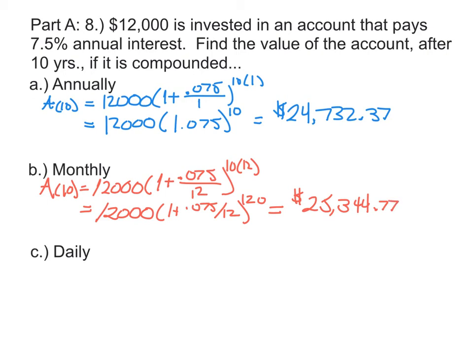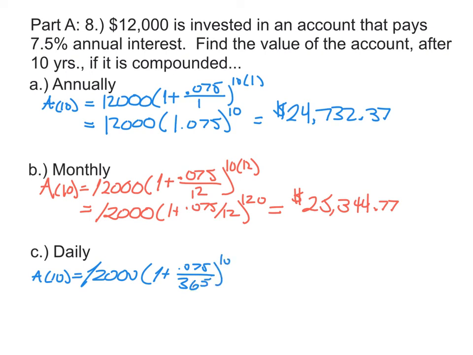And if it's going to get compounded daily, then that would be still the amount after 10 years, still investing $12,000, 1 plus 0.075. However, now we're going to divide by 365 for the 365 days that are in a year.